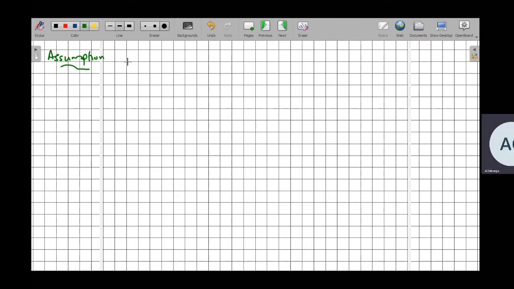So we assume for what? Assume it's true, which is true for n equal to what? k is the last term, right? And what else? n equal to k minus 1.